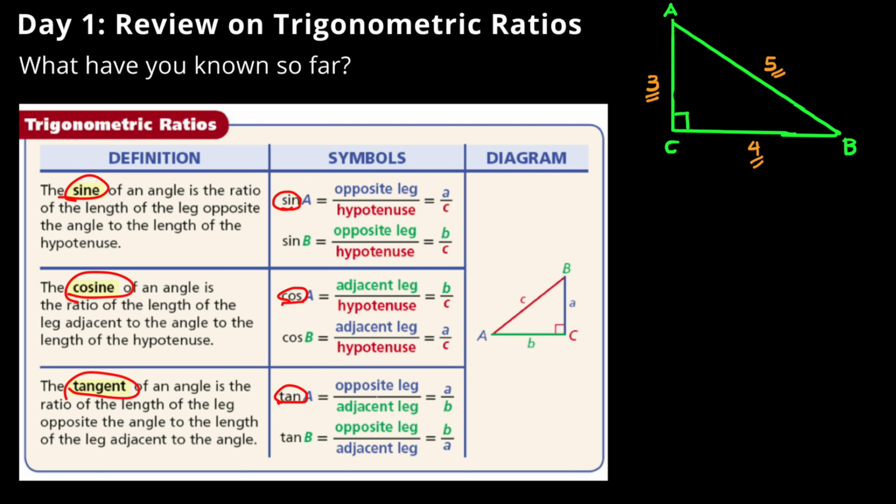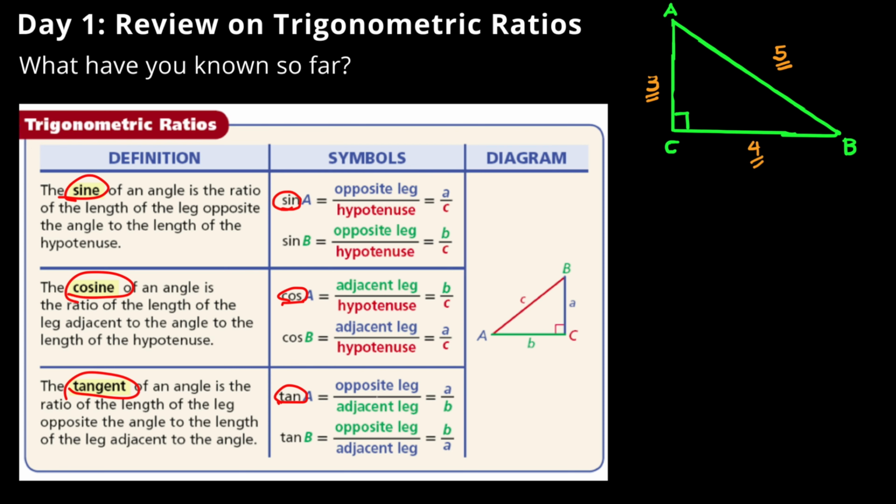As we consider angle A this time, the 2 legs of the right triangle also change their names. This time, opposite to angle A is the side measuring 4 units, and this side is your opposite side, while 3 is adjacent to angle A. And like what happened to angle B earlier, 5 remains as your hypotenuse and it will never change.